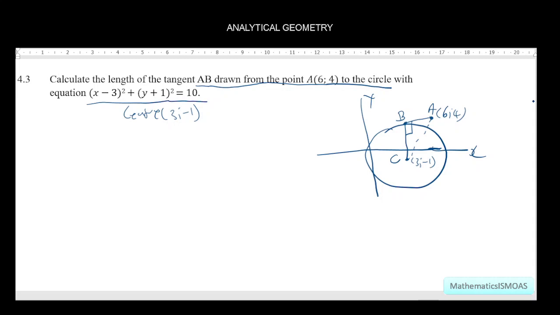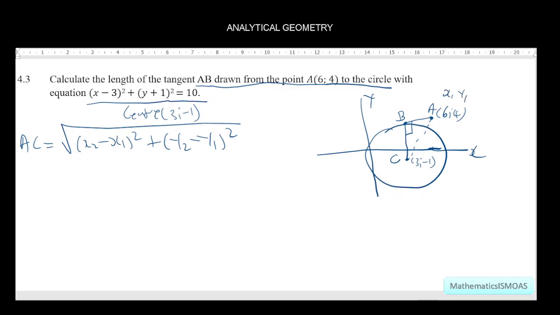Therefore, let's determine the length of AC. The length of AC will be given by using the distance formula, the square root of (x2 − x1)² + (y2 − y1)². Then point A, let it be our (x1; y1), and point C, our (x2; y2).